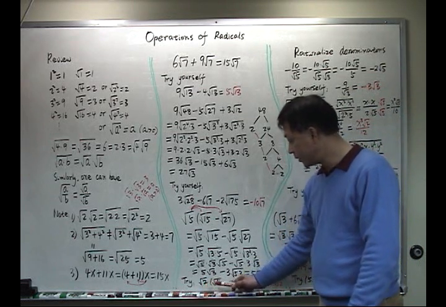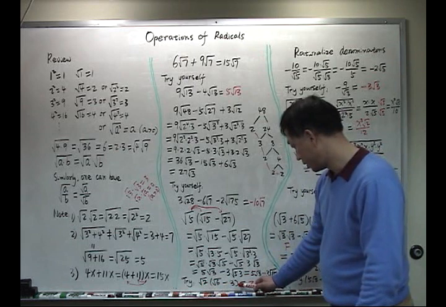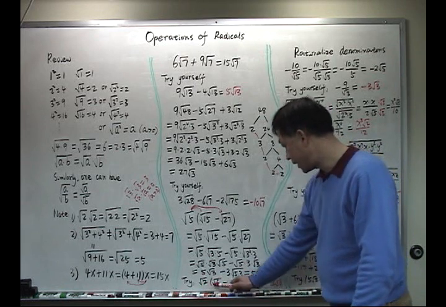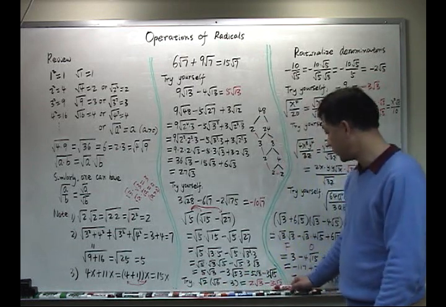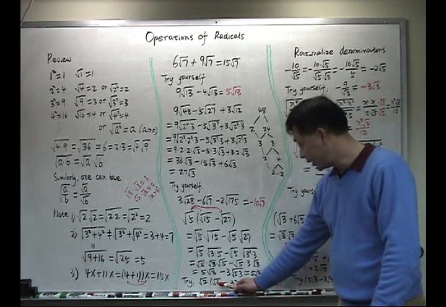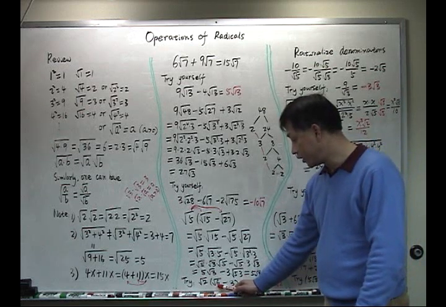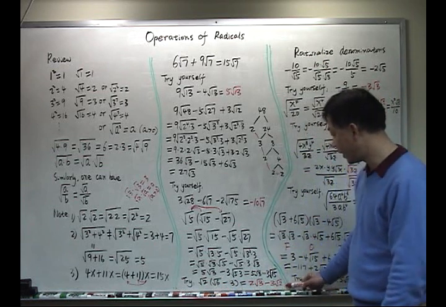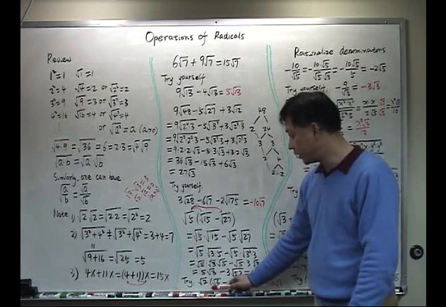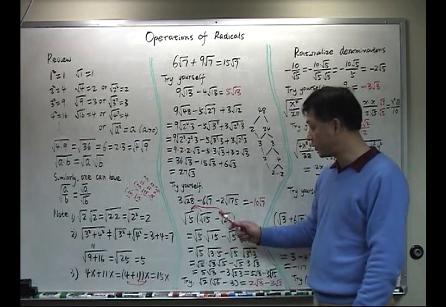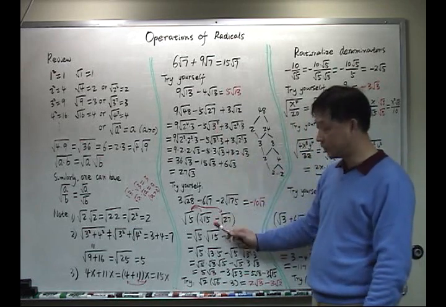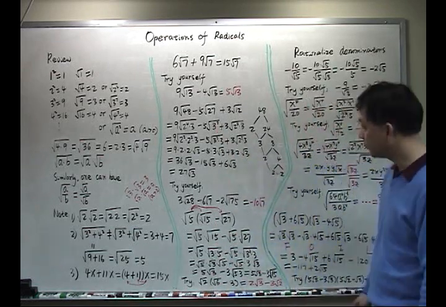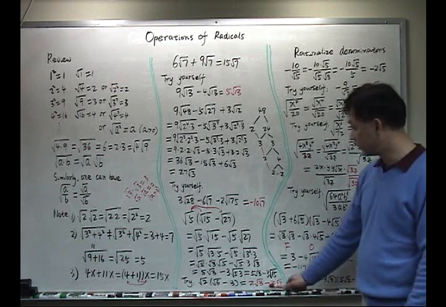And then radical 2 times 3. So radical 2 times 3 is 3 radical 2. And here, radical 6 is radical 2 times radical 3. So this is the final answer. Think about it. Why? Do the things we did similarly right here. Try this one yourself. Final answer.